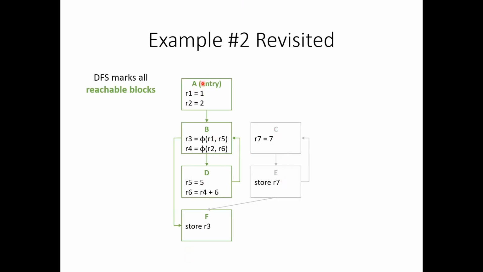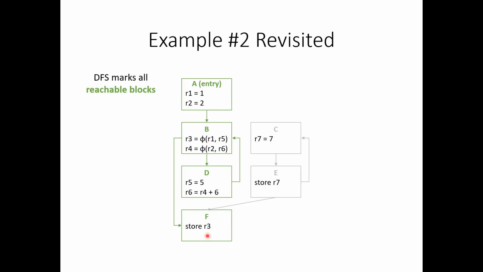Now, as I iterate through A, B, D, and F, I'm going to mark all trivially live instructions as live. Which instructions in A, B, D, and F are trivially live? The store instruction, right? Anything other than the store instruction? No, just the store instruction. So I'm going to mark the store instruction as trivially live.